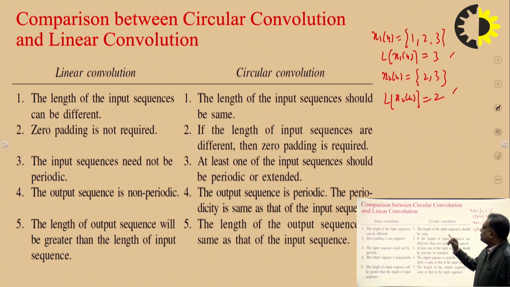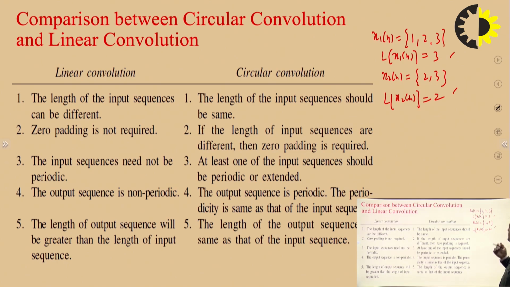But in circular convolution, the lengths of the input sequences should be the same. So we can apply linear convolution on these two sequences, but circular convolution cannot be applied in its original form because the lengths are different. If we want to compute the circular convolution, then we should add a zero so that the lengths of the two sequences become the same.